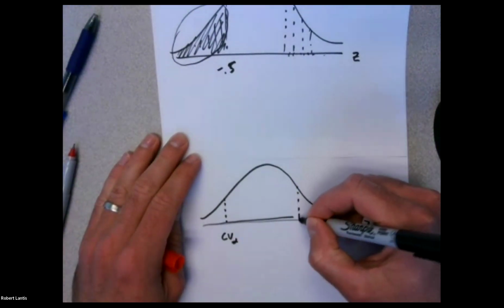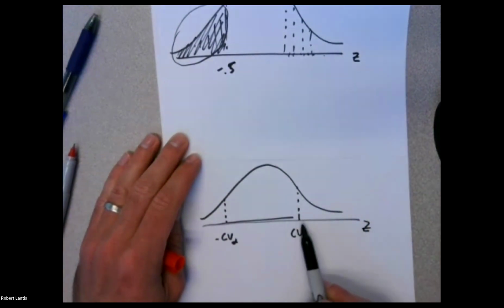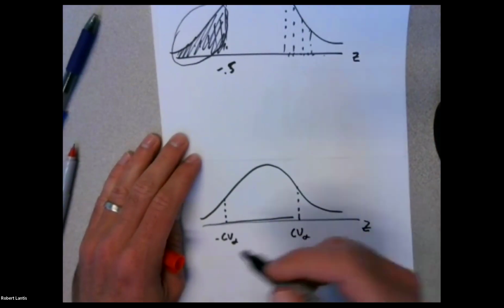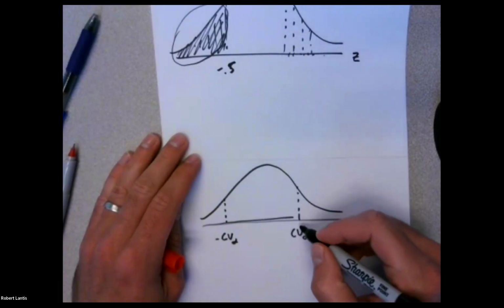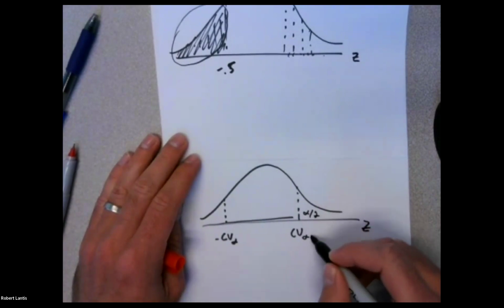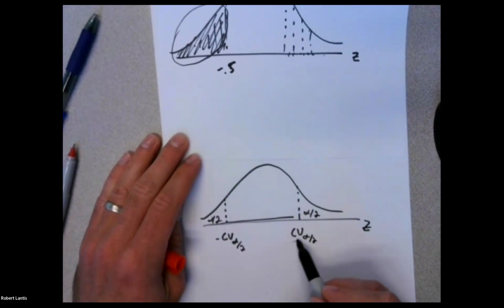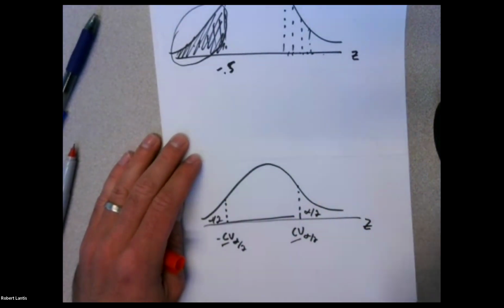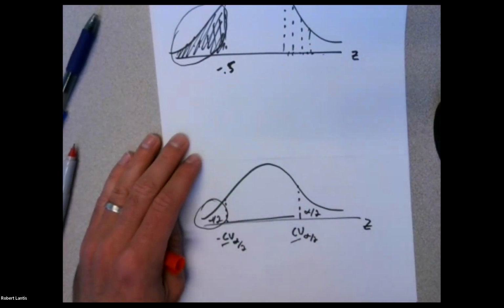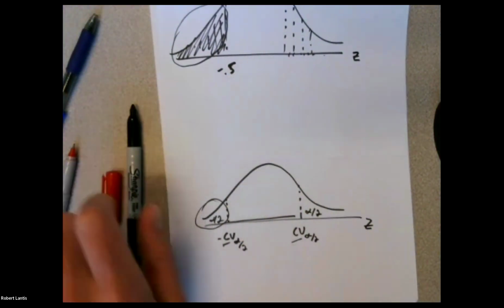However, for a two-tailed test, we know that we're going to have two critical values, right? Because I could see evidence above or below the mean, and they would both go against that assumed true mean. So I want the critical value that's going to give me alpha total in the tails, but that means I've got half of alpha in each tail. So to find this underlying Z value, this critical value, I need to use a function in Excel where I know the area in that lower left tail is going to be alpha over 2. So what does this look like in Excel?